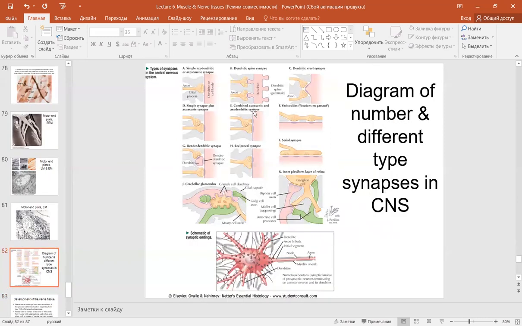This is a very small representation, but I would like to show you how many synapses can be arranged on one single big neuronal cell of the cerebral cortex. And these synaptic junctions are modified through the whole lifespan.